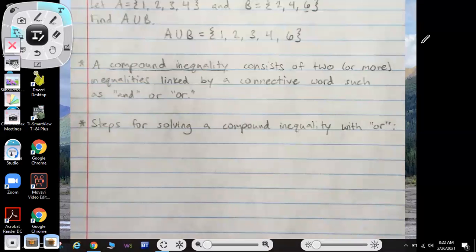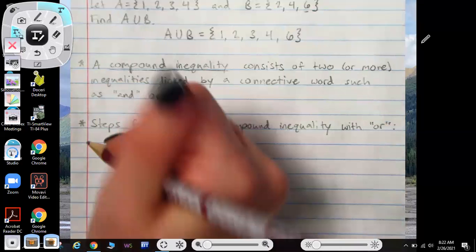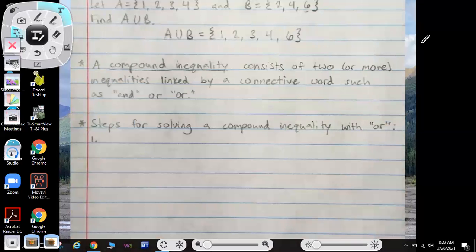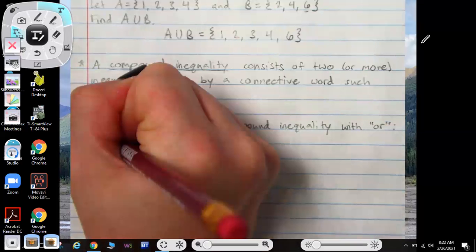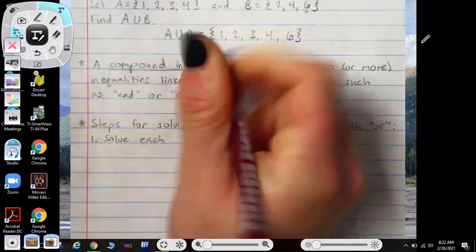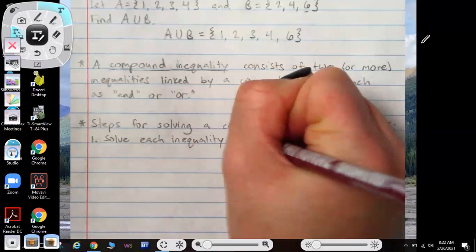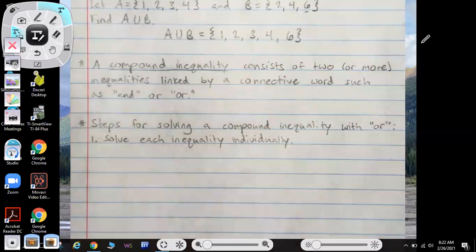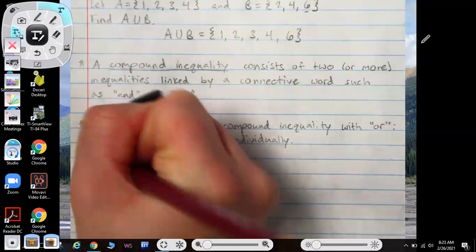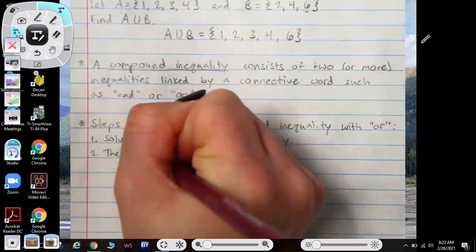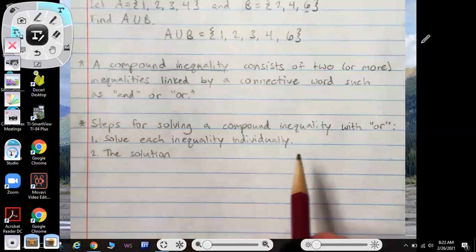Steps for solving a compound inequality with or. The first step is going to be to solve each inequality individually. After you solve each inequality individually, you have your solution.